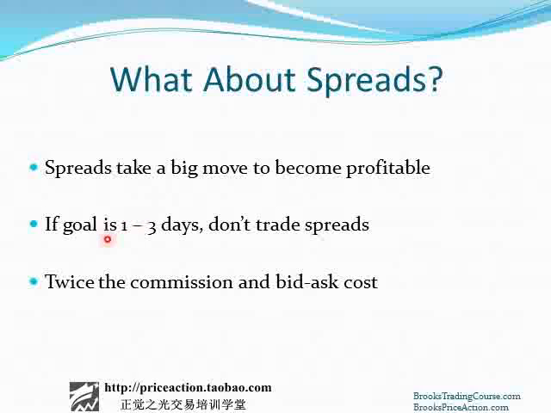If your goal is to get out in 1 to 3 days, in other words, if you think the stock is going to go to 101, don't buy a 100, 105 spread. Don't even buy a 100, 101 spread. Simply buy the call outright. Because if your goal is short term, to get out in 1 to 3 days, the spread will not have enough time and the market will not move enough for you to make a profit.